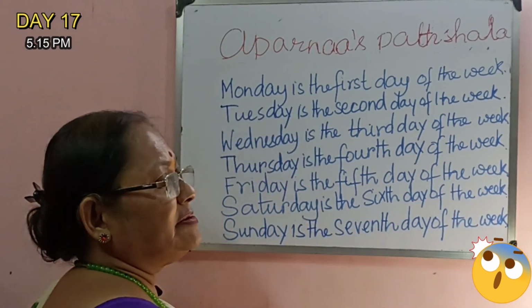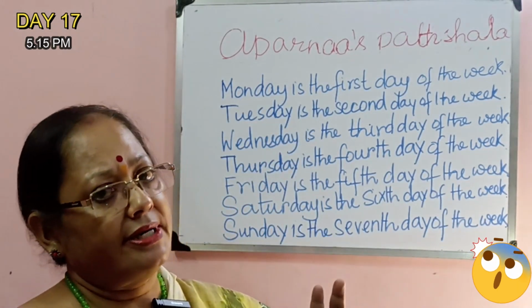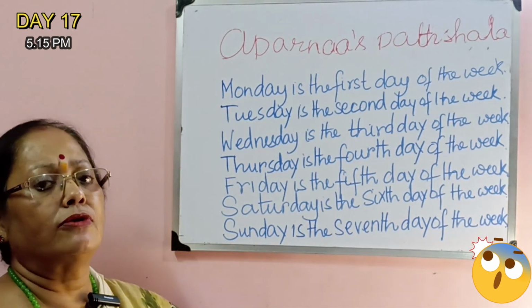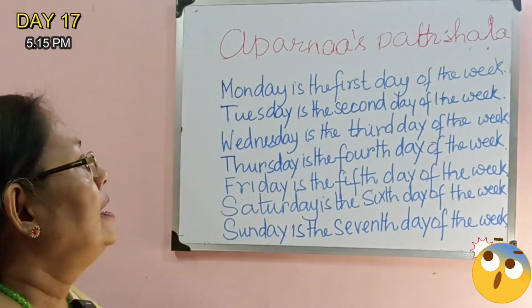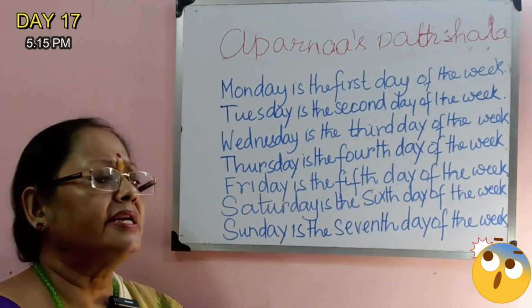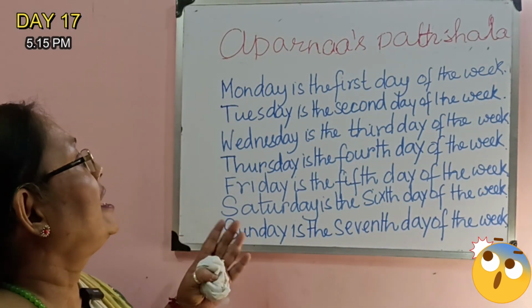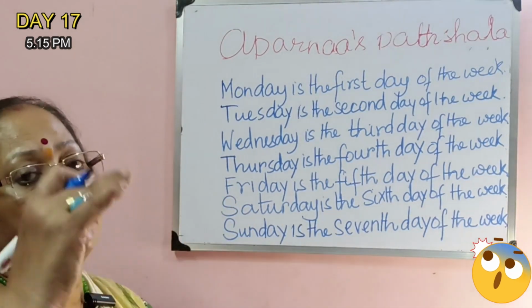Now here ends my program. We have learned the 7 days. We know which comes afterward, and it's very easy for us now. We may ask different questions regarding this. Which day comes after Thursday?